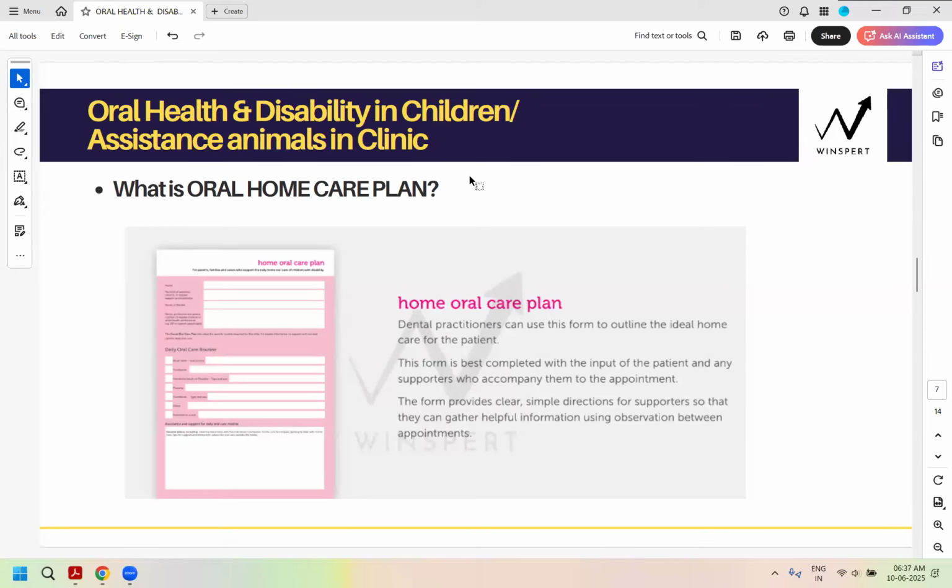You have to explain also, not just inform, but educate and explain to the patients. You will also educate them about the home care management. So a home oral care plan, which is coherent and in harmony with the other professionals' plan, should be provided. So give them the appointments also in the correct timings.